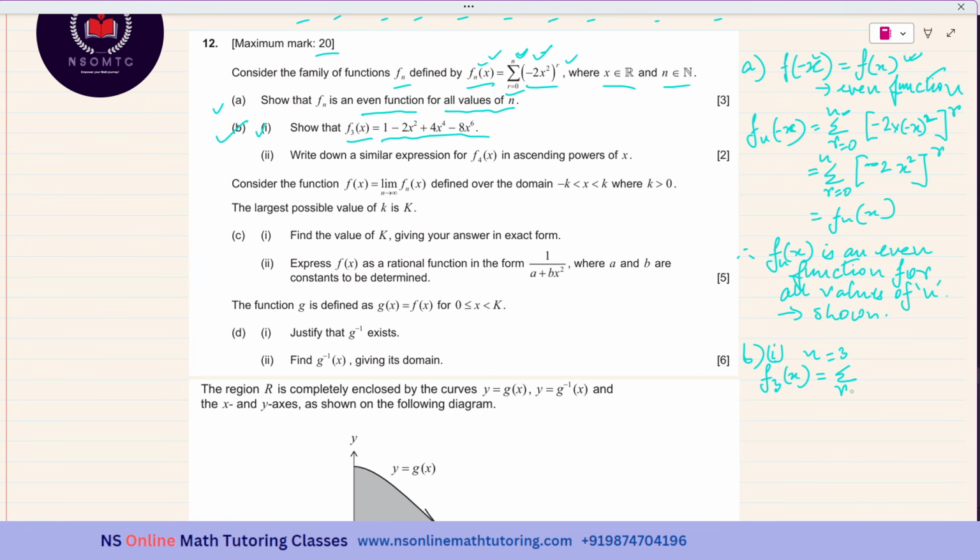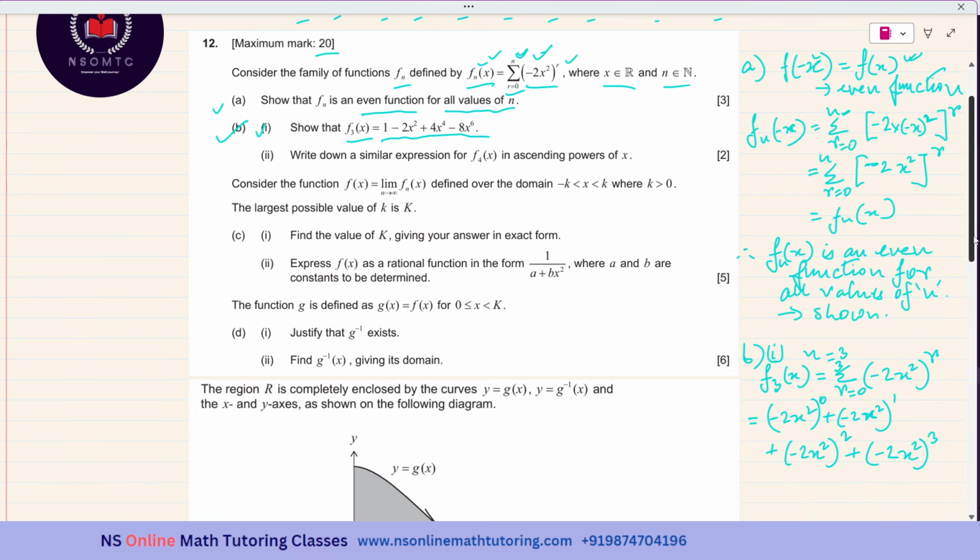N equal to 3, if 3 of x should be equal to sigma r equal to 0 to n, that means 3, and it is negative 2x square raised to the power of r. So this is equal to negative 2x square. The first value of r is 0. So raised to the power of 0 plus negative 2x square raised to the power of 1 plus negative 2x square raised to the power of 2 plus negative 2x square raised to the power of 3.